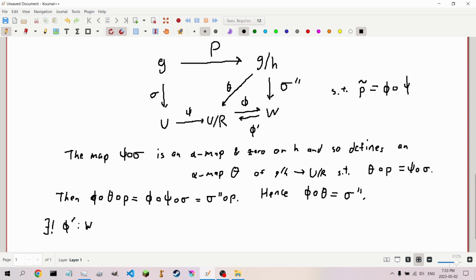This is a homomorphism from U, W into U over R. And this is injective. Such that theta is equal to the composition of phi prime and sigma double prime.